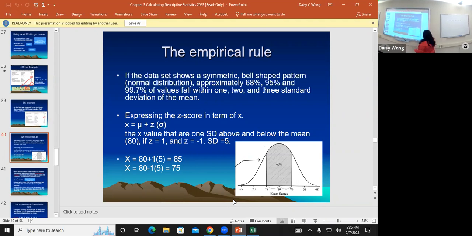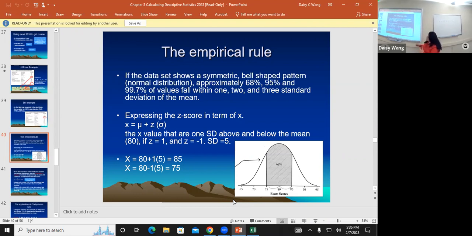When we have plus or minus 1 standard deviation, that means this is one z value, this is one z value, and we assume this is a normal distribution. So plus or minus 1 z value is 68%. There is a 68% chance the data will be within plus or minus 1 standard deviation.